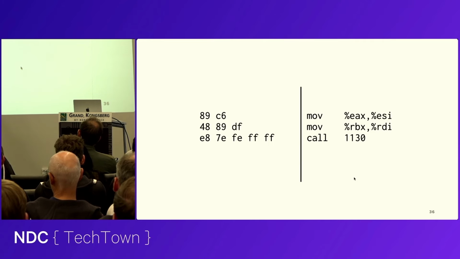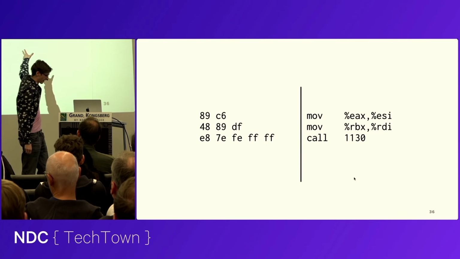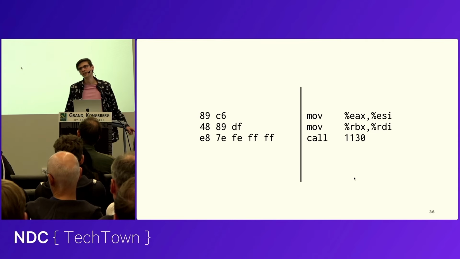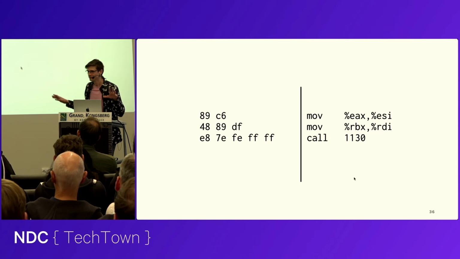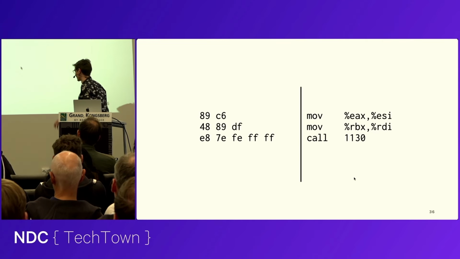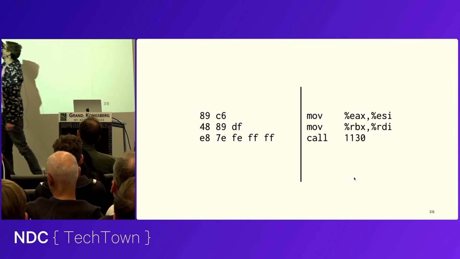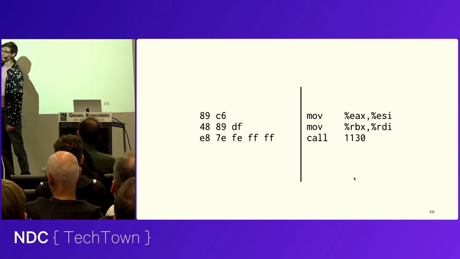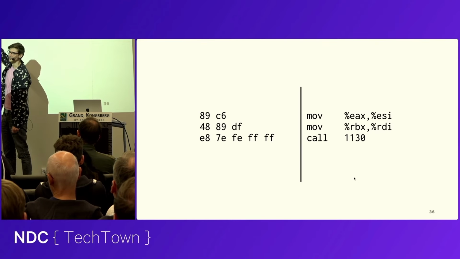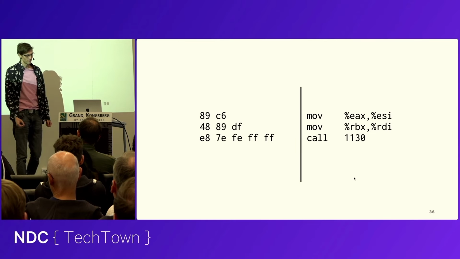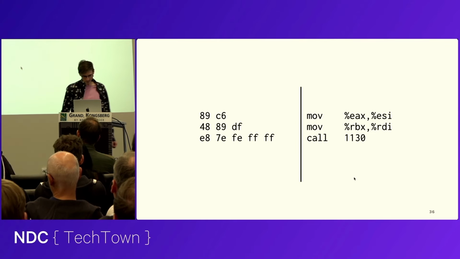Here we have some machine instructions in x64. These are the byte encodings, and here we have the assembly code. You don't need to read x64 assembly. Basically, that says move. It moves data. That says call. It calls a function. It's basically all you need to know.